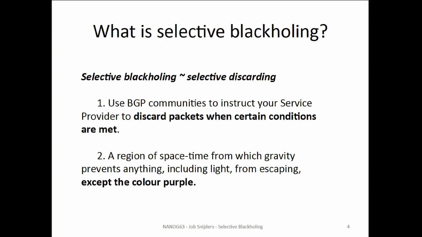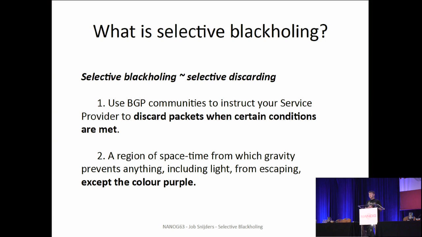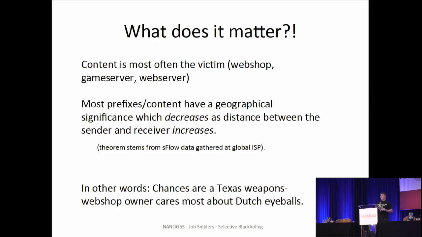Selective blackholing is that you instruct your service provider to discard packets, but only when certain conditions are met. For instance, when the prefix propagates outside a specific geographic region. This concept is important because most DDoS attacks are focused on the content side of things.